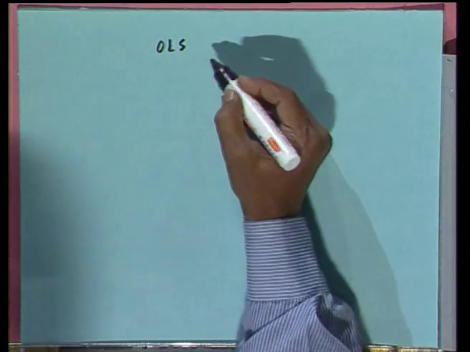Now again we make use of the ordinary least square technique to estimate the values for A and B.